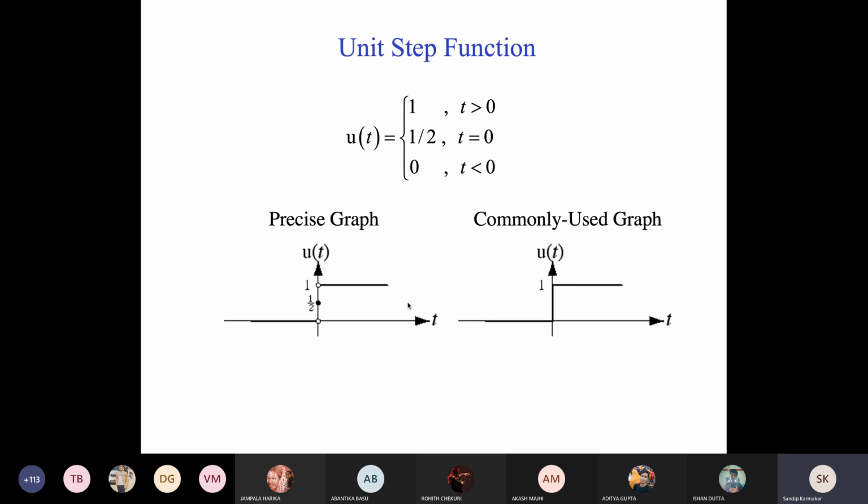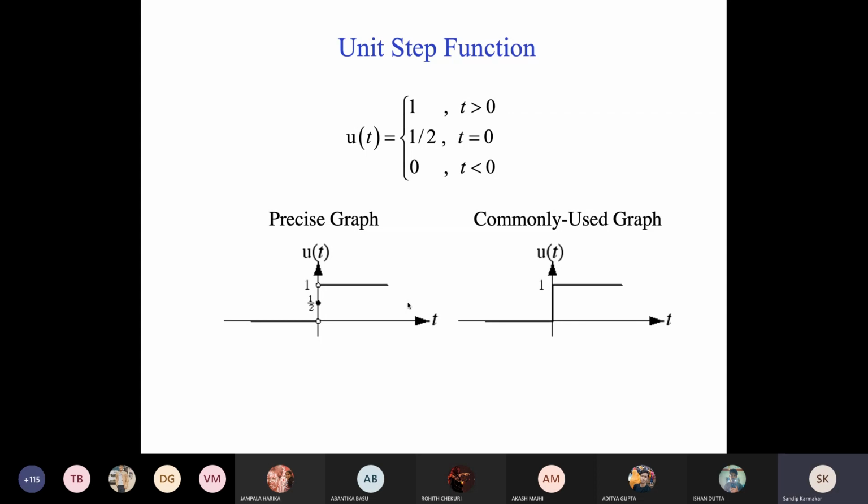But the commonly used graph is like a staircase function, where t less than 0 means all zeros, and then a steep rise at t equal to 0.